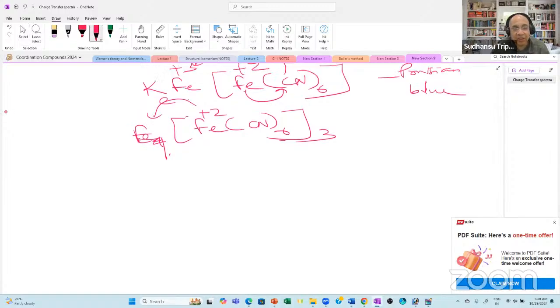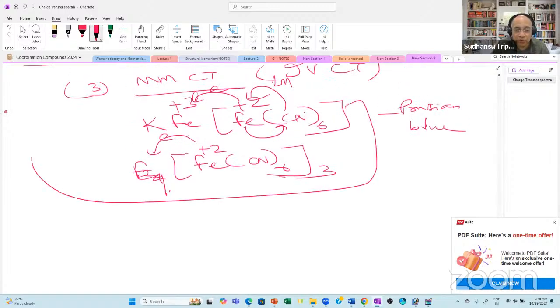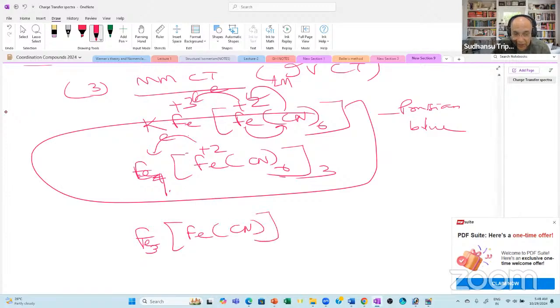Same is the case with Turnbull's blue. It is opposite. Ferrous ferricyanide, Fe3[Fe(CN)6]2, or you can write KFe[Fe(CN)6]. This is +2, this is +3.